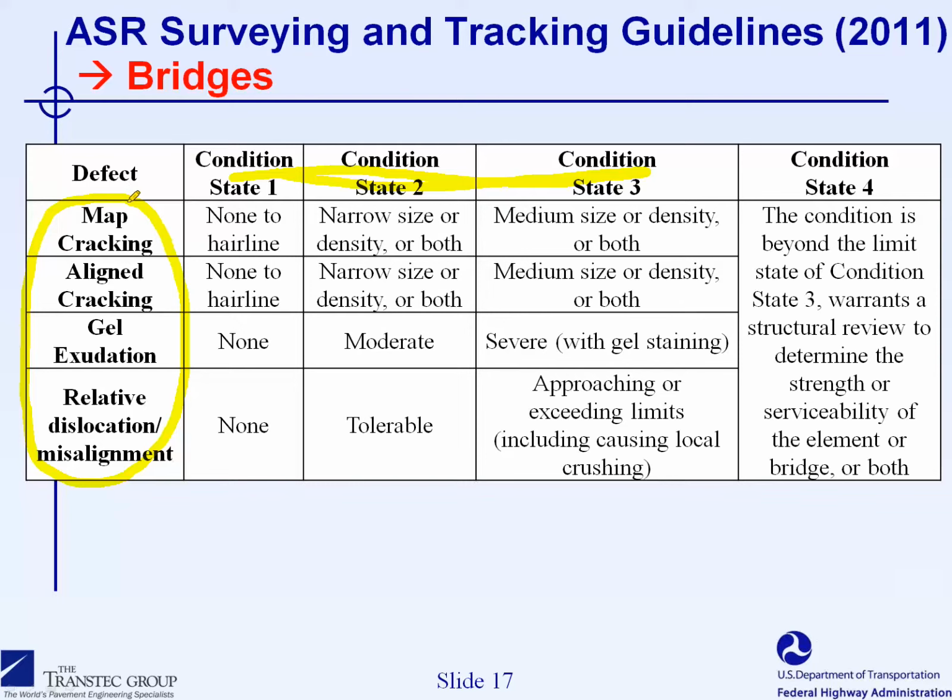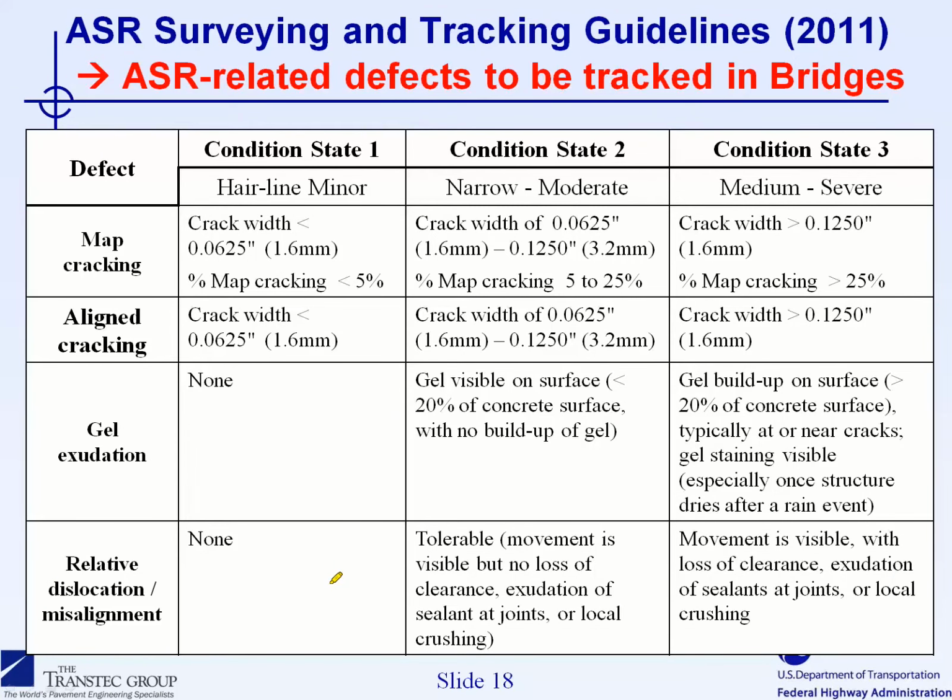Not always, not to a large extent. It will depend obviously on the extent of ASR in the structure, but those are the different defects that need to be evaluated, and those are the different features that can help the inspector to classify the different elements in different condition states.